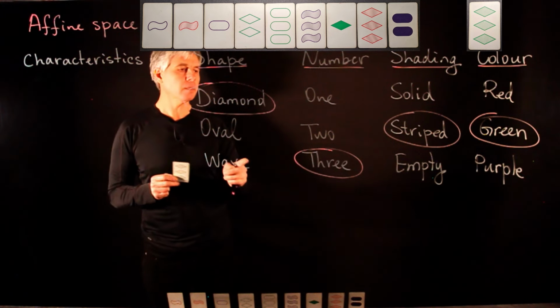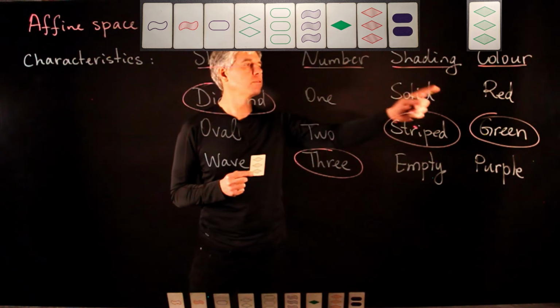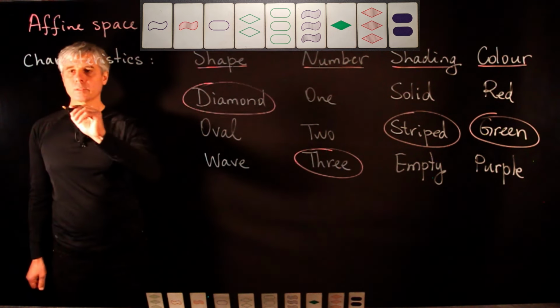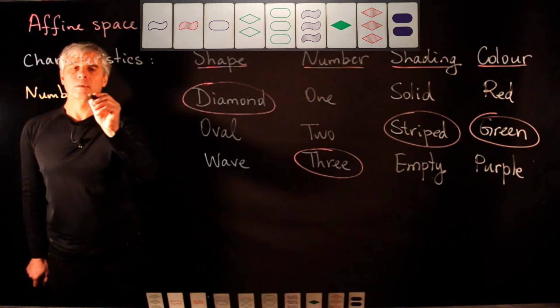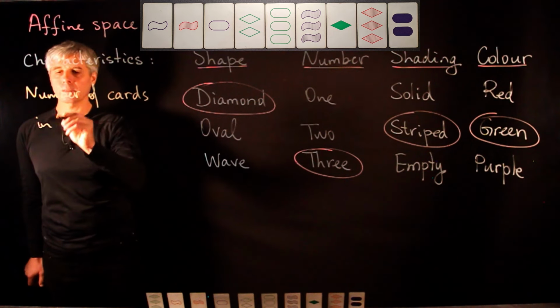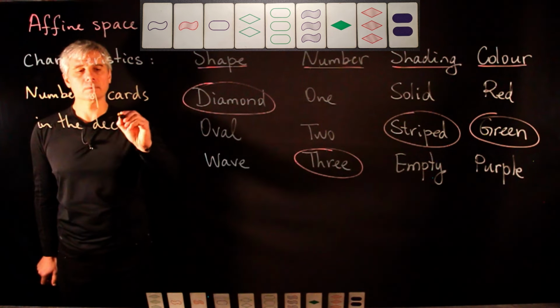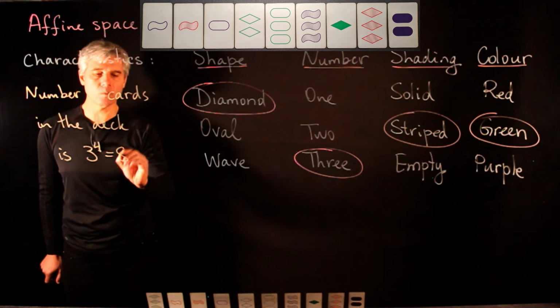And in this deck, there is 1 card for each combination of these characteristics. So we conclude that the number of cards in the deck is 3 to the power 4, which is 81.